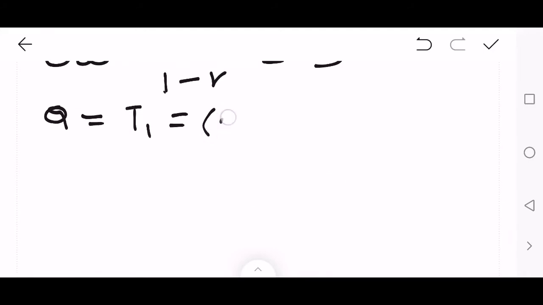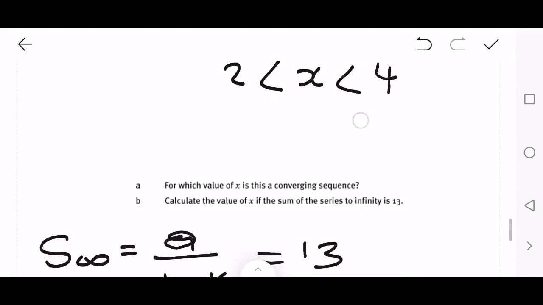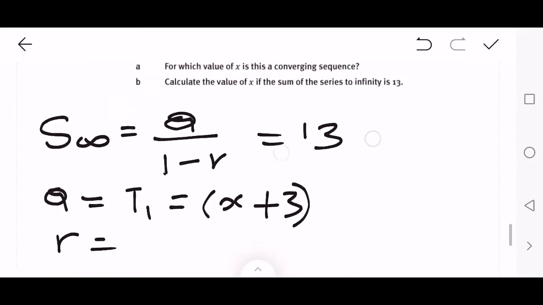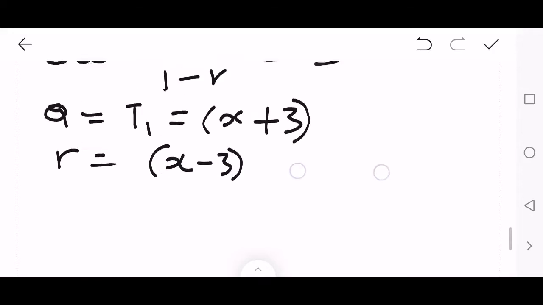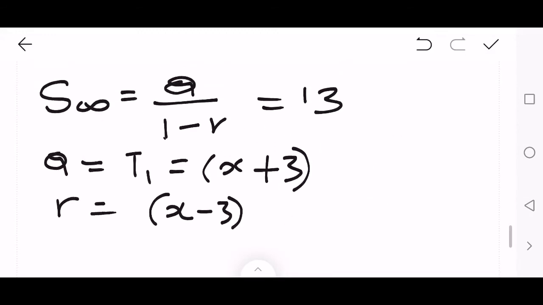And also we'll need r, which we've already found equals x minus 3. So now we can substitute these into the formula, and calculate the value of x.